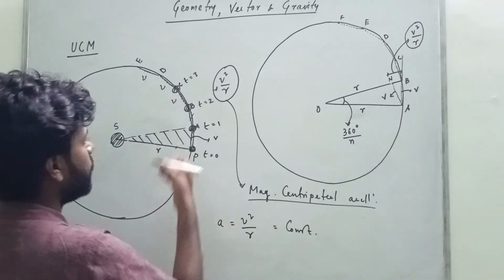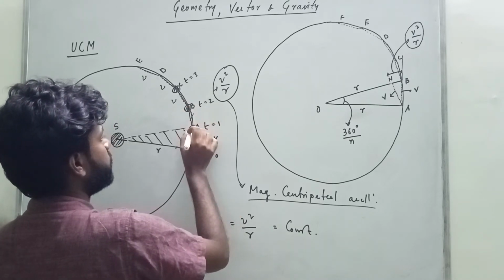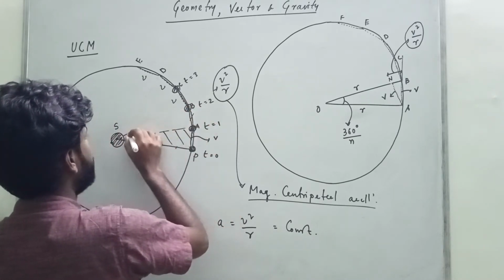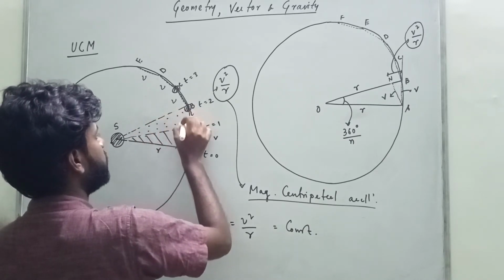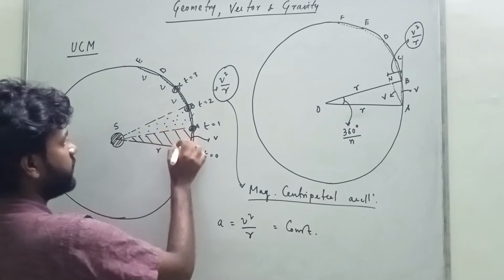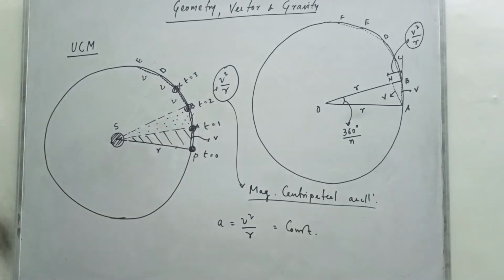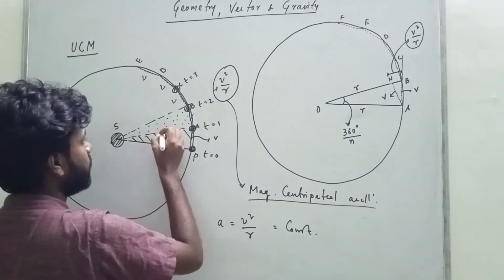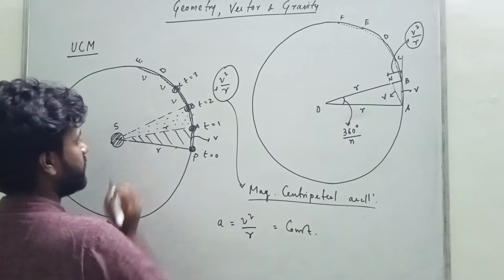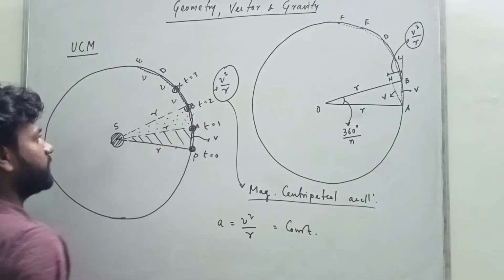And after 1 second, the planet goes from here to there and the area traced out is this slashed region here, and this dotted region here. And obviously this is r, and this is also r, the radius of the circle.